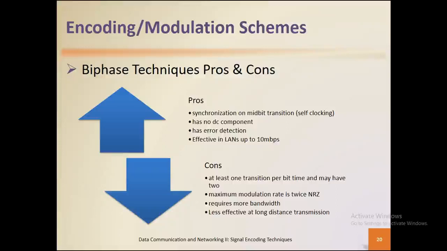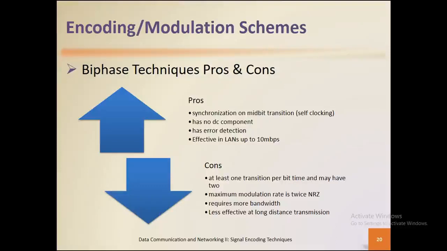It has no DC components, so we don't have to worry about signal fluctuations and knowing how to adjust and mitigate some of those. Error detection is very, very effective when you have a technique that incorporates mid-bit transitions and has alternations and non-alternations within its various encoding schemes.